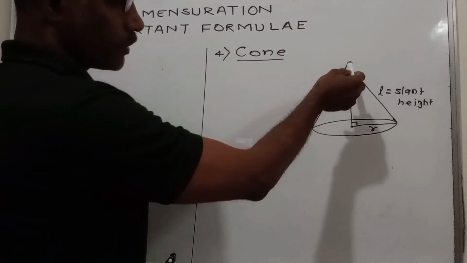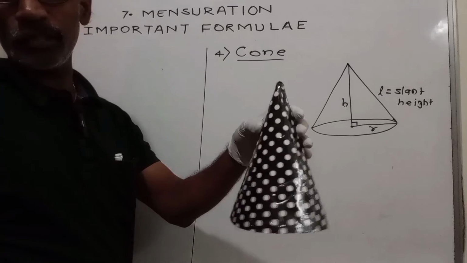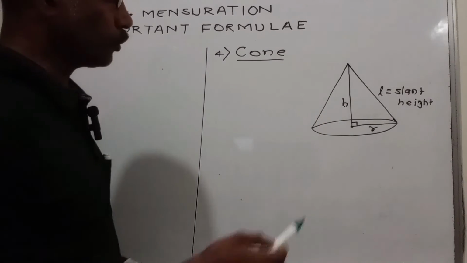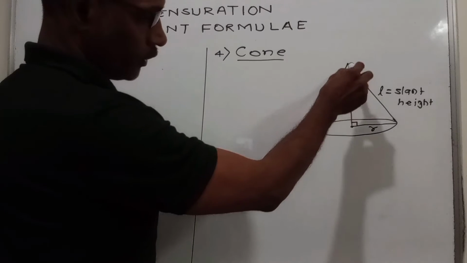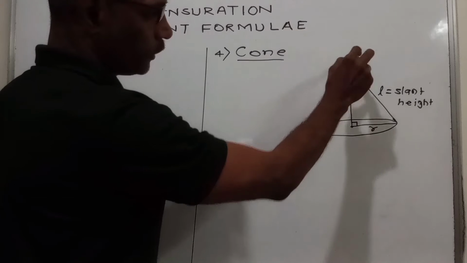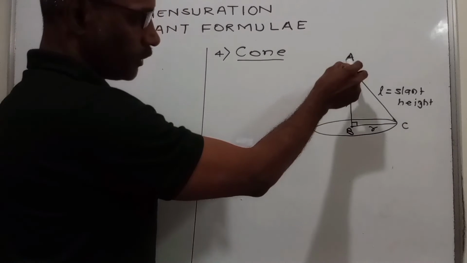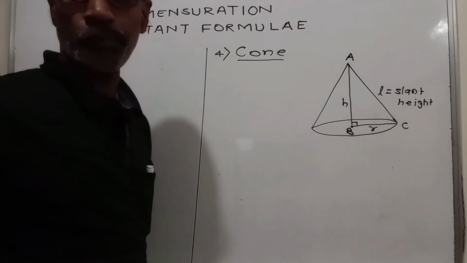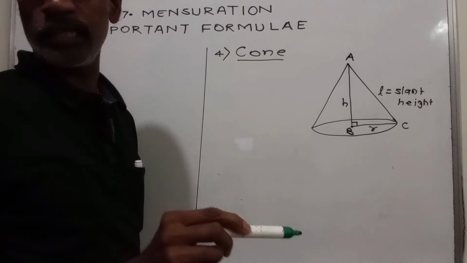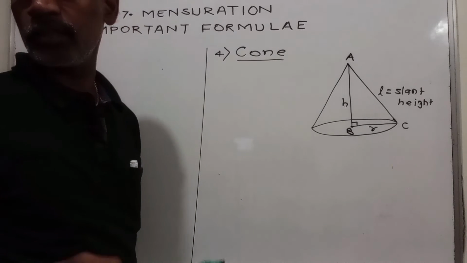See here, this is cone, this way, this is cone. Now in this cone, suppose here capital A, here B, and here C, then AB is the perpendicular height, that is denoted or represented by small letter h.